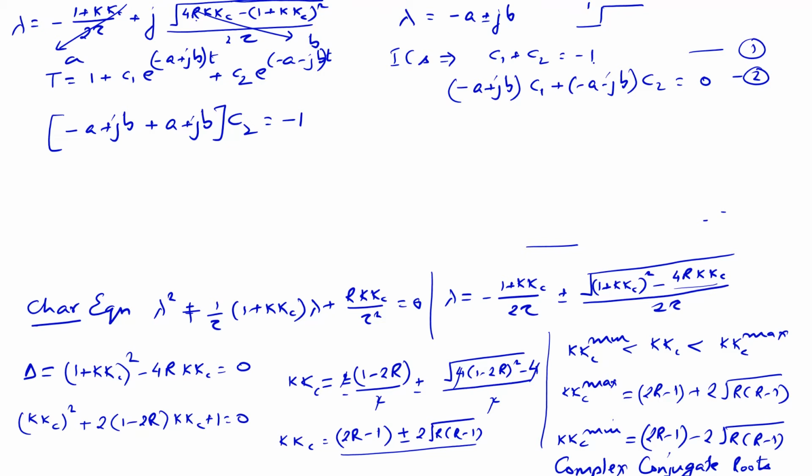Yeah, okay, so minus a and plus a cancel out, and so what you get is that these initial conditions imply that C2 is equal to minus 1 times minus a plus jb. So C2 will be (a minus jb) divided by twice jb, is that right?